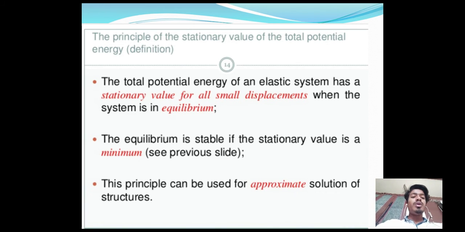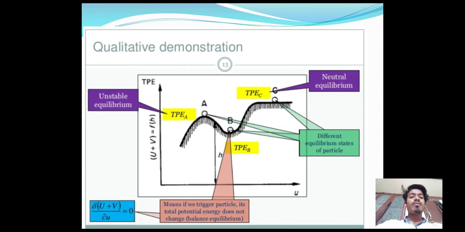The principle can be used for approximate solution of structures. Here is an example of TPE showing a graph, a qualitative demonstration. The x-axis is taken as strain energy and the y-axis is taken as the sum of strain plus internal plus external energies, equals f of height.